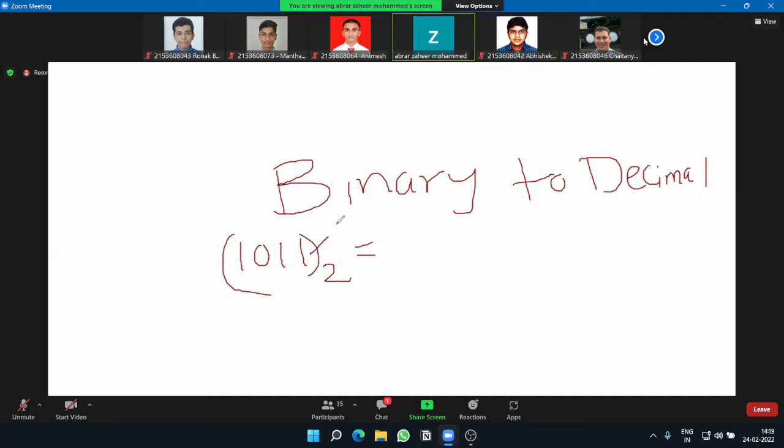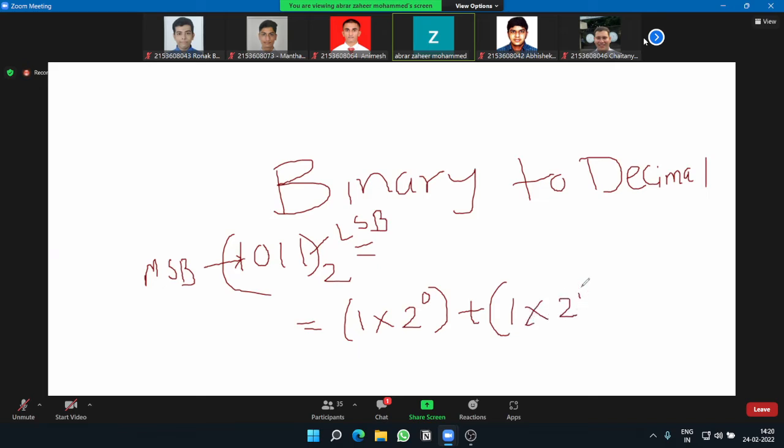So this is the LSB, that is the least significant bit, and this one is the MSB, that is the most significant bit. We have to start with the LSB. So first we take 1 into 2 raised to 0 plus 1 into 2 raised to 1 plus 0 into 2 raised to 2 plus 1 into 2 raised to 3.